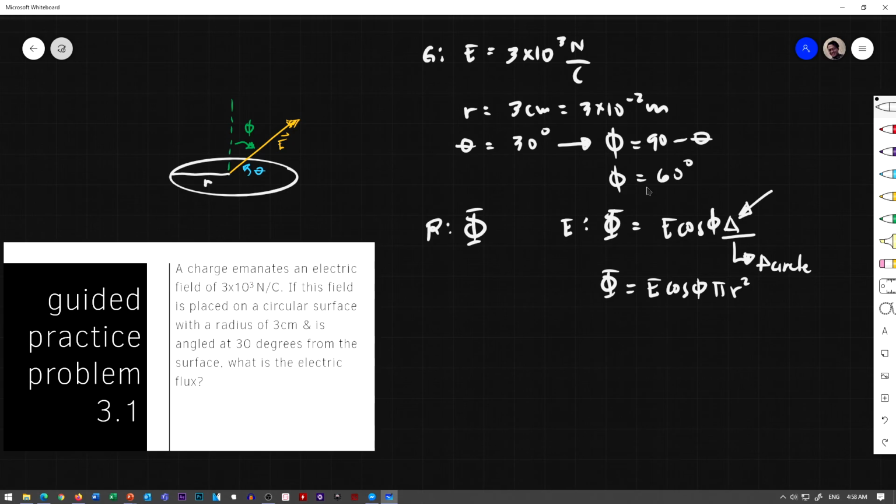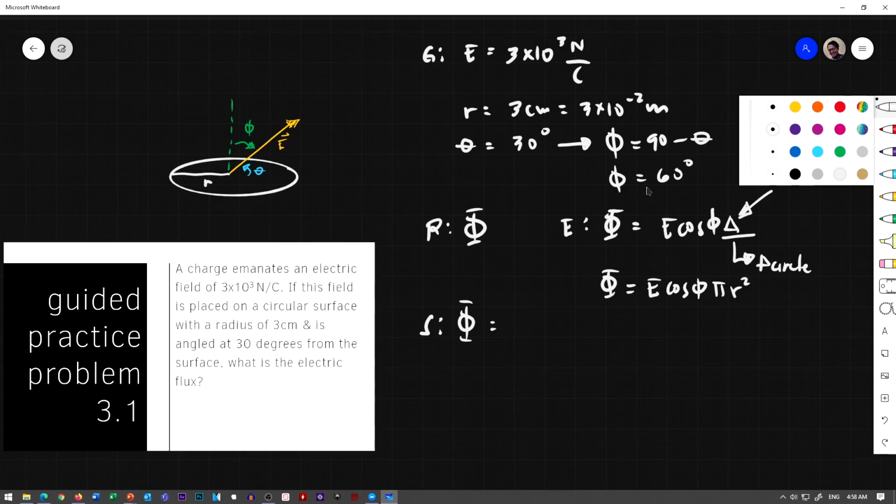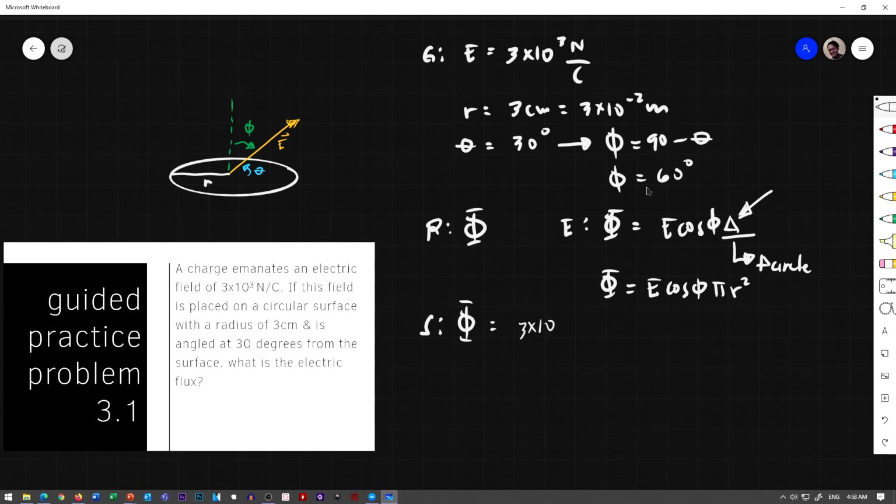Okay, anyway, we can now substitute. So we have electric flux equal to, okay, what's our electric field? 3 times, let's make this smaller, so this will be 3 times 10 raised to 3 newtons per coulomb. Multiplied by, what's our cosine phi? It's 60.